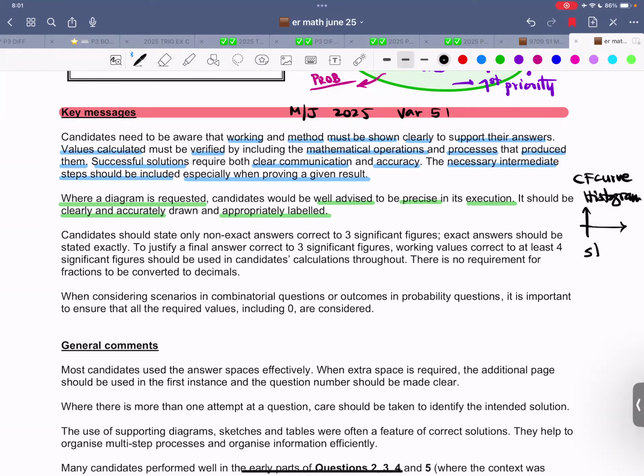Maybe we are drawing a stem plot, then a key is necessary. Maybe a box plot, then a scale is a must. And yes, it is well advised that all diagrams be drawn in pencil, because then you have a chance of erasing without getting panicky and anxious. The examiner will even accept it in pen, but why take the risk?